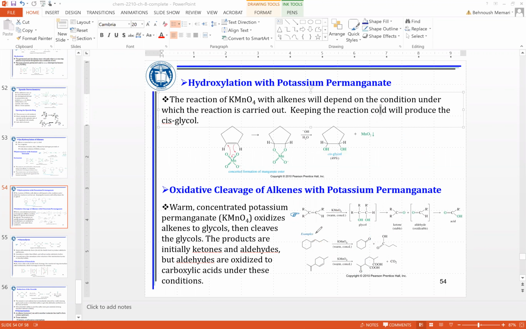You have 2 carbon-carbon double bonds, and both of them are going to be affected by the hot permanganate. You would have cleavage in both places. Here you get the CO2 because you just get like a formaldehyde, and then formaldehyde would oxidize to carbon dioxide.